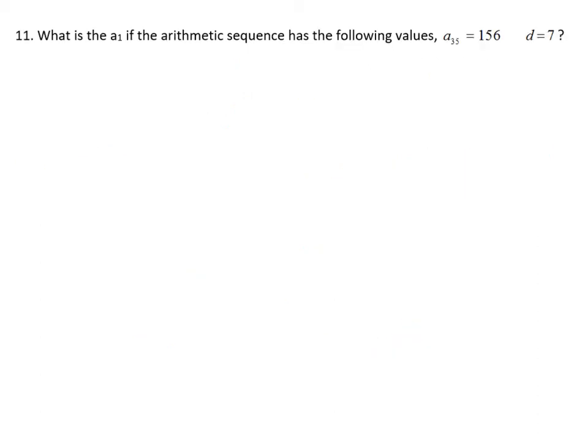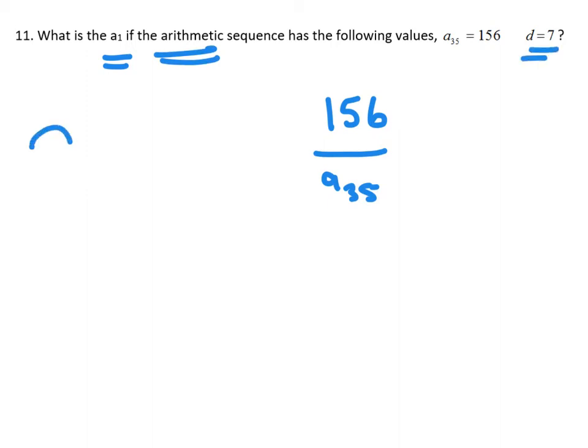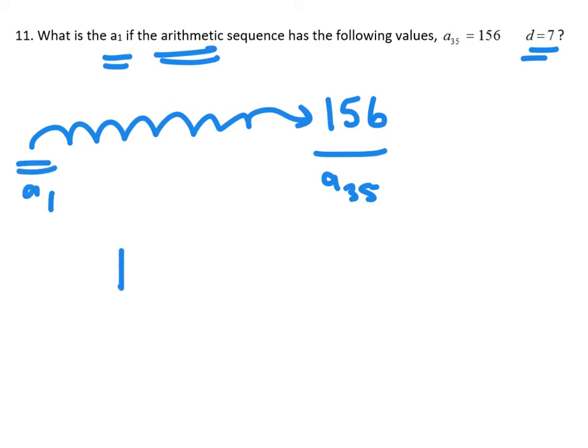This is requesting the first term in the sequence. So the idea is you're sitting out here at A35, and your number is 156. Now it's an arithmetic, and it's been adding 7, so we've been adding 7 a whole bunch of times to get here. So if we want to go back to the first term, basically we take what we're at, and we're going to back up 34 steps, 34 times.